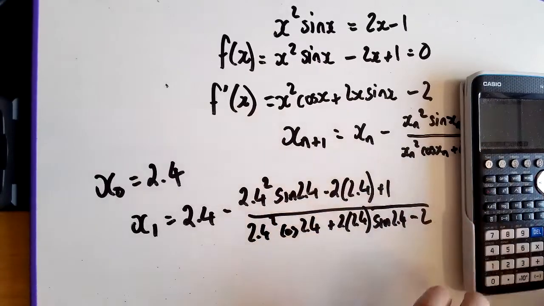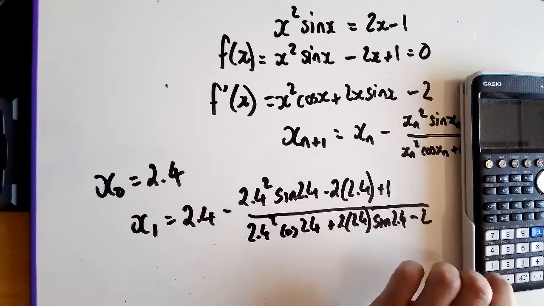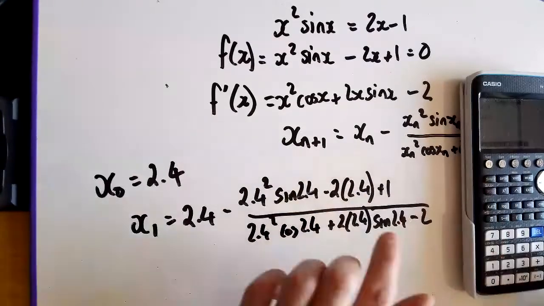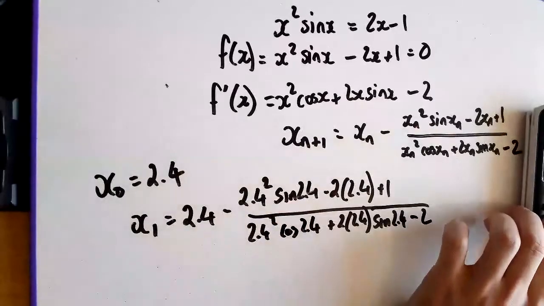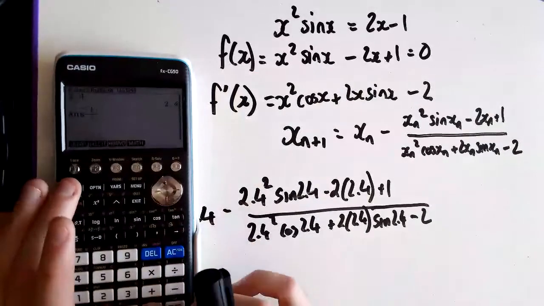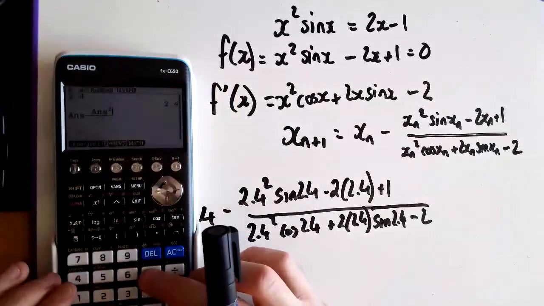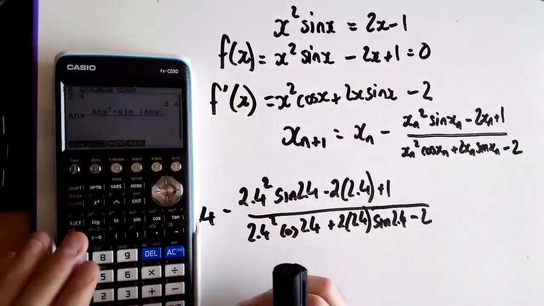Do it all. So again, I'm going to use the answer button trick. So 2.4 equals, then it's answer, take away. Instead of xn, I'm typing in answer. The fraction: answer squared times sine, then I'm going to put brackets around the answer just to make sure.